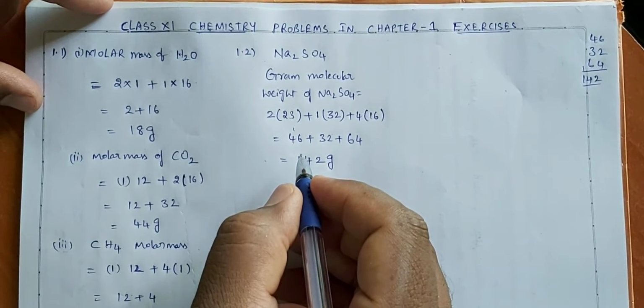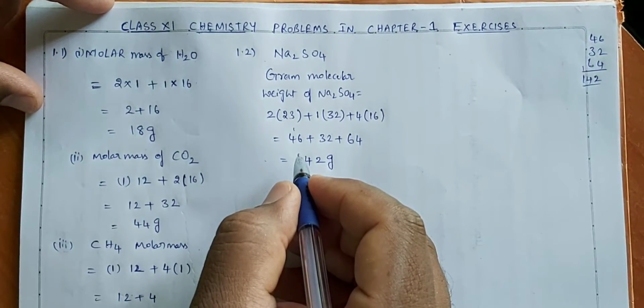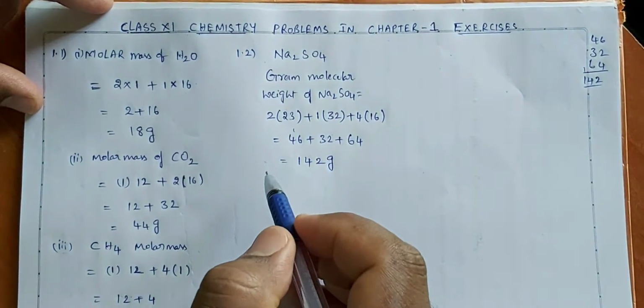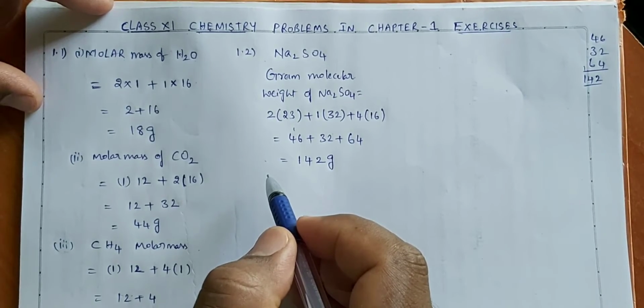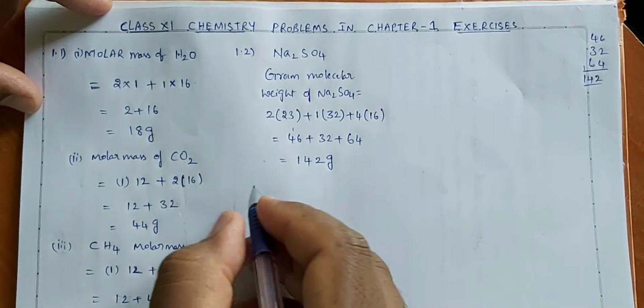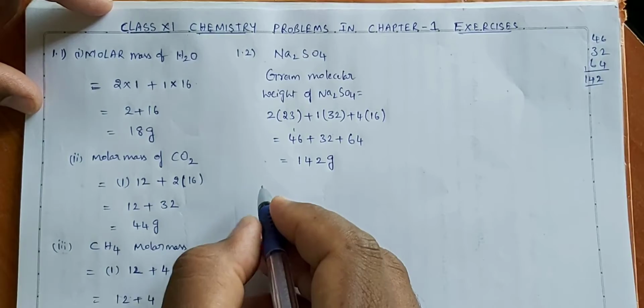What is the meaning of percentage? Amount of sodium present in 100 grams of Na2SO4. For example, let us consider this Na2SO4 only.